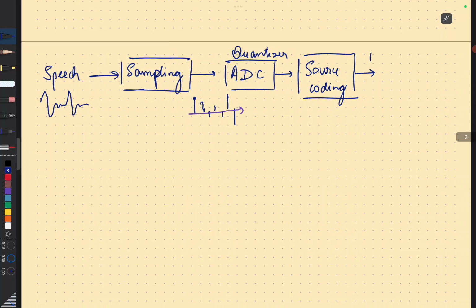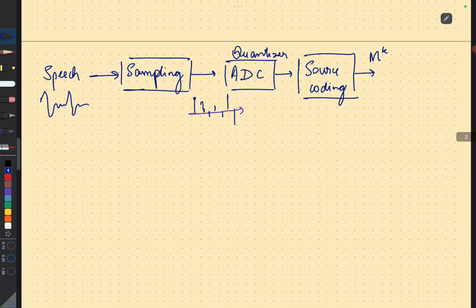All right, let's call this mk. Maybe it's a sequence of k bits. You take a speech signal, which is of maybe some finite duration, let's say a millisecond or so, and then this is sampled, quantized, and then compressed to get this sequence of k bits.